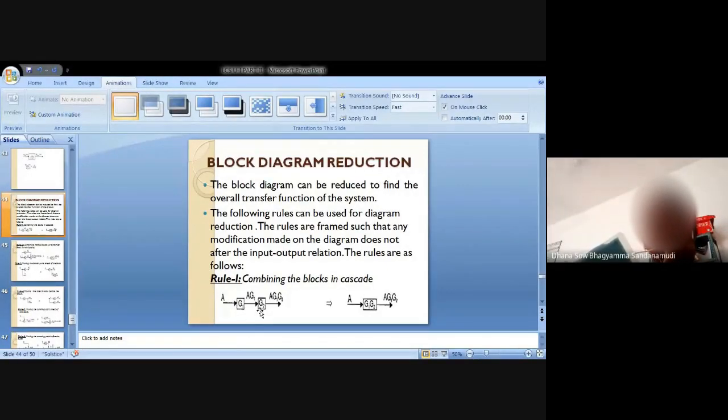Whenever two blocks are connected in cascade or series, to reduce them, I can simply multiply the transfer function values. The transfer function of this block is G1 and of this block is G2. Simply multiply, and you will get a single block of G1 into G2. So the initial input is A, and the final output is A into G1 G2. I hope this is very simple and clear to understand.